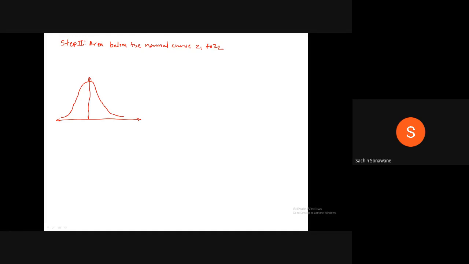Therefore, this is 0. This is plus 1.25. This is minus 1.25. And this is the shaded area. This is known as design tolerance.